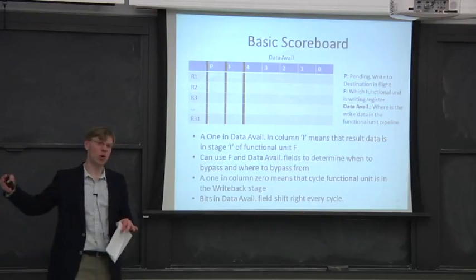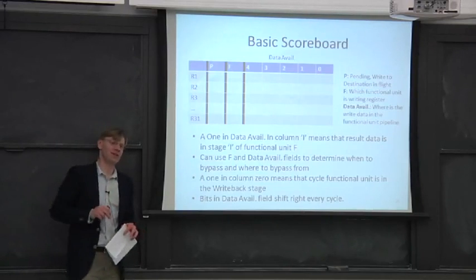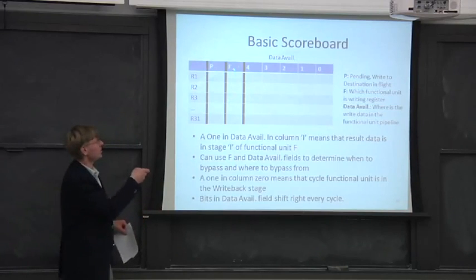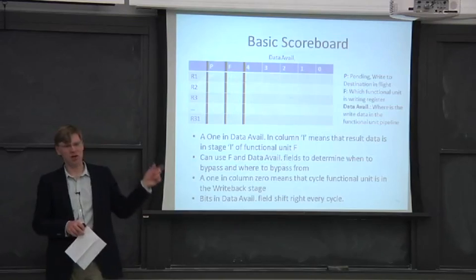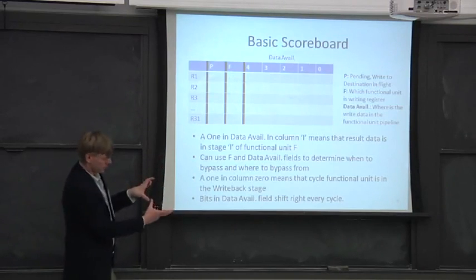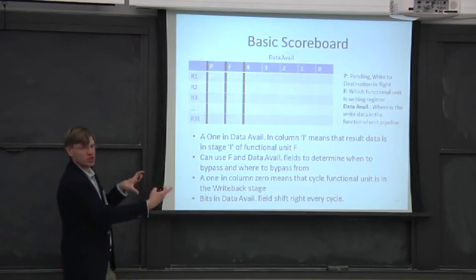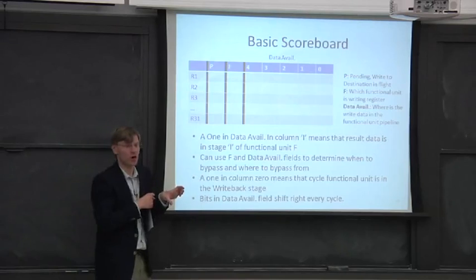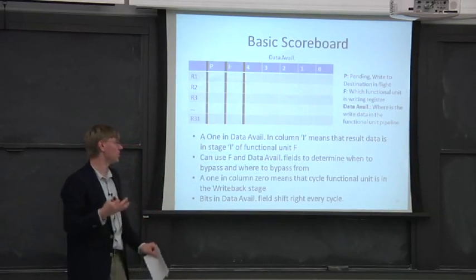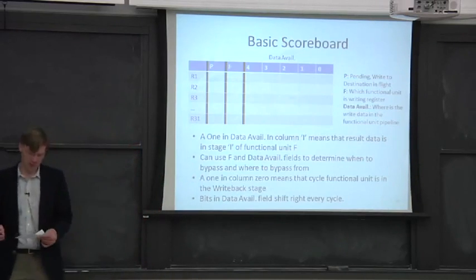And this is going to tell us where to pick off the value. So this tells us which pipeline to look at out of 3, and the data available tells us in the other dimension what stage in the pipe to pick off from. So if you look at what functional unit you are and cross it with this information, you should figure out where to do a bypass from.